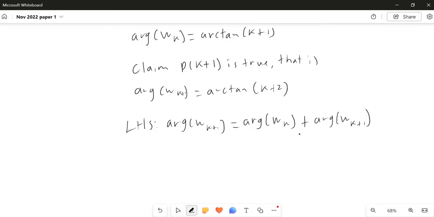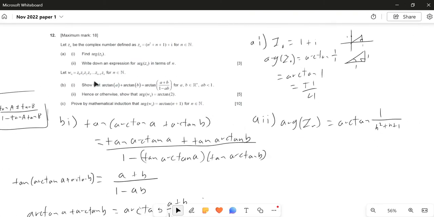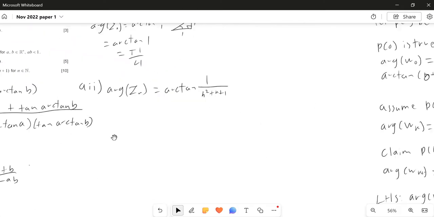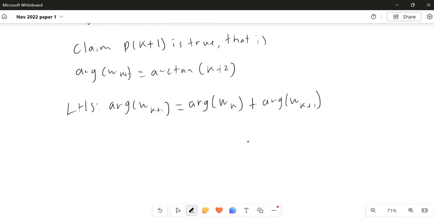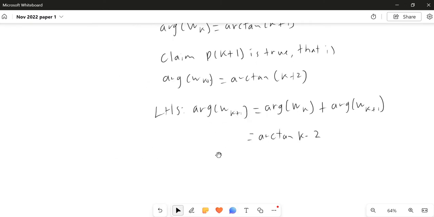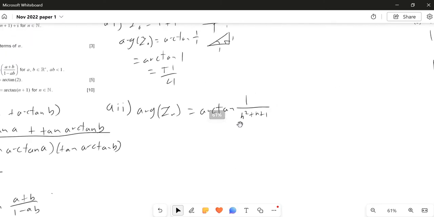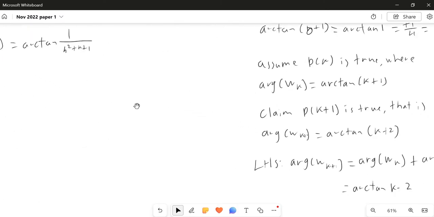Again, because W is Z0 times Z1 times Z2 and so on, you're adding the angles together. And then from here, we just slowly transform this into that. So we know arg W of k is this, so equals arctan of k plus 1. And we know how to write W of k plus 1. It's 1 over n squared plus n plus 1.